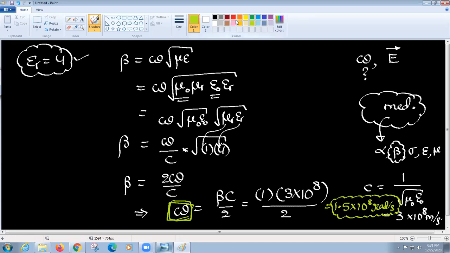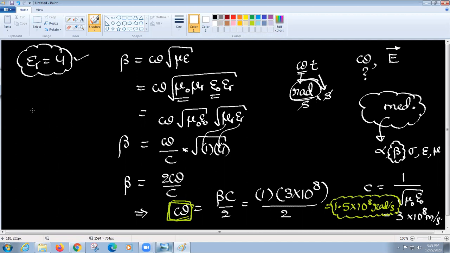So multiplied by the time quantity, second, omega t will give the information about phase.